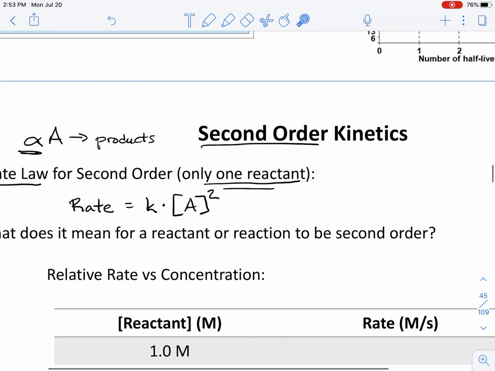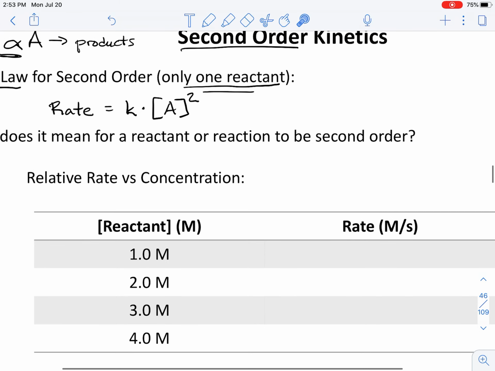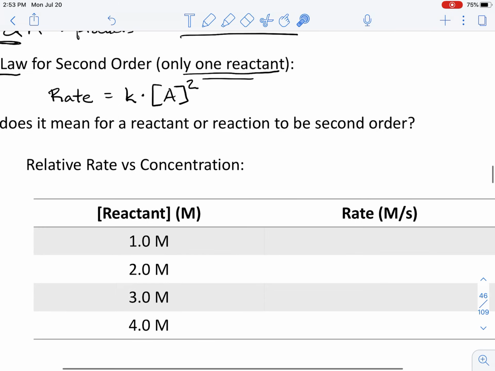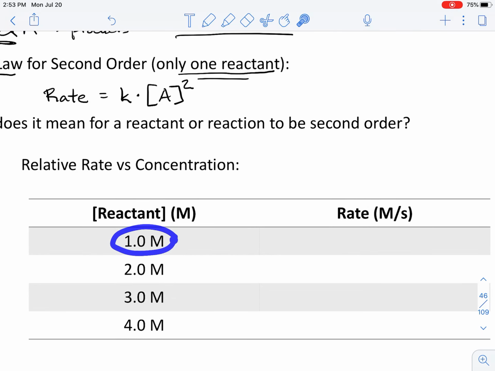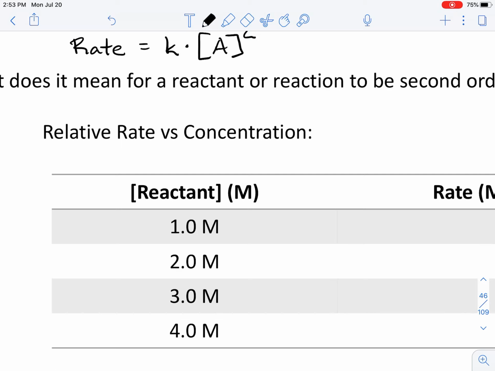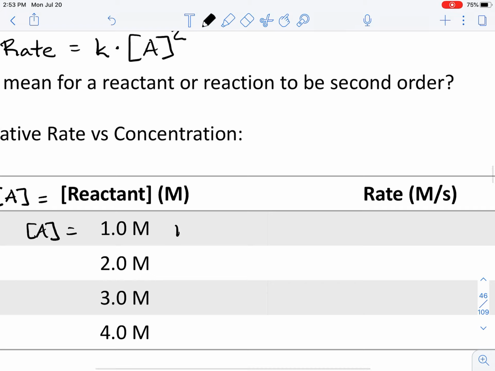And so once again, we can illustrate what it means to be second order kinetics if we plug in different changes in concentration of reactant A into this general rate law that is written. We're going to assume that this specific reactant represents reactant A. And so if the concentration of reactant A is equal to 1.0 molar, the rate of the chemical reaction is equal to the rate constant K times 1.0 raised to the second power.